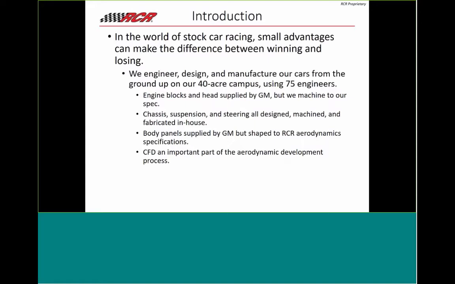We machine our own engine blocks from raw castings from General Motors. We design the chassis, suspension, and steering components, and machine and fabricate them in-house. Per the rules, we have to purchase the body panels from General Motors, but we shape them to our aerodynamic specifications. And of course, the CFD is an important part of that aerodynamic process.